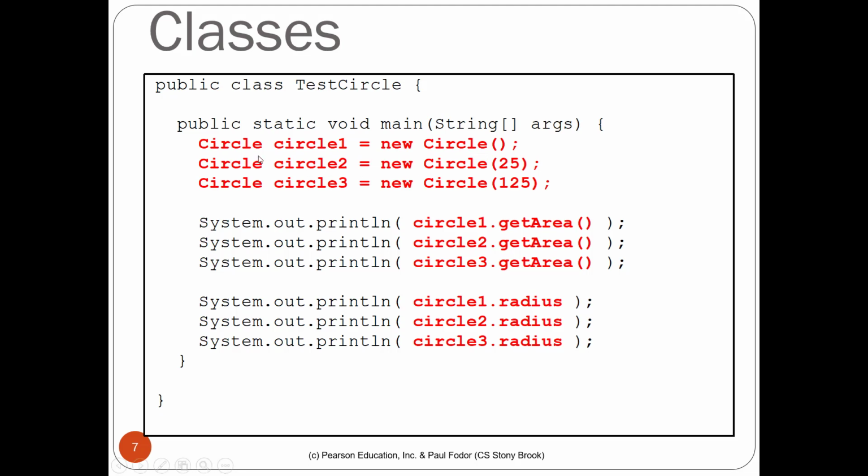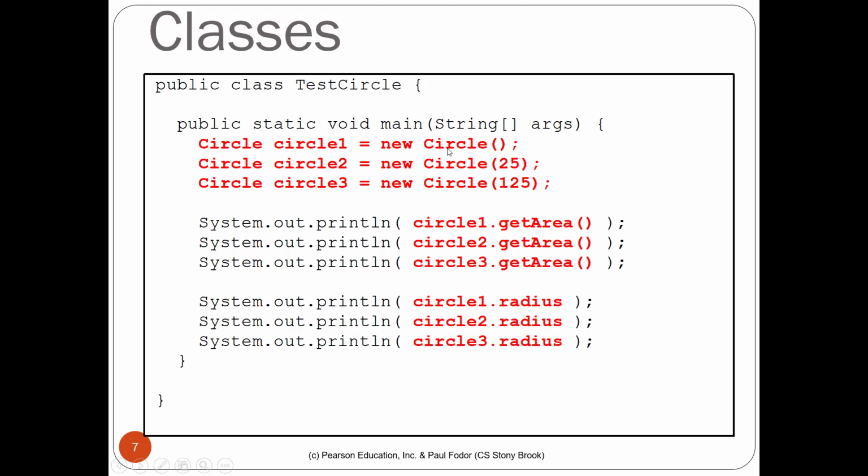The same kind of approach we had used when we created an object for the Scanner class, and we use the Scanner class whenever we needed an input from the user. So we are following the same pattern. What is Circle? That's the class we have defined in the previous slide. What is circle1? This is an object which I am creating. And how do we create it? By using is equal to new and Circle.